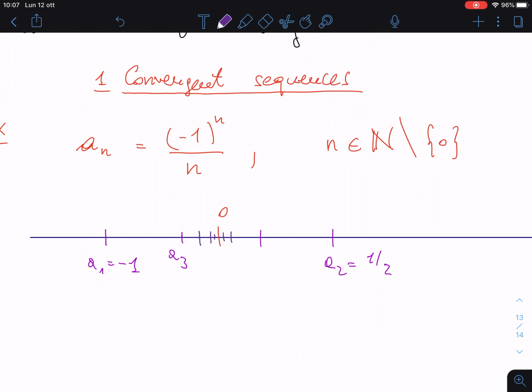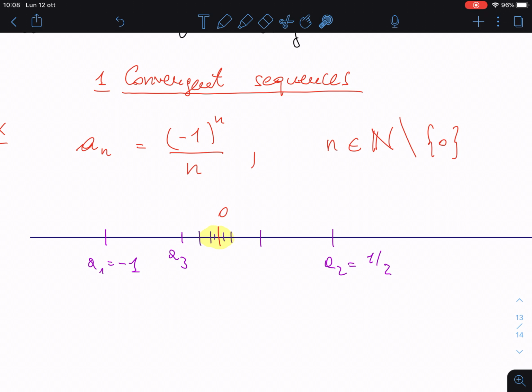And so, what is the meaning of this behavior? How can we describe this behavior? There can be many descriptions, but the description that at the end turned out to be the most useful in terms of the theory is the following. If you consider what is called a neighborhood of 0, so something that lies here, then sooner or later the sequence is trapped there. The sequence enters here and never gets out.